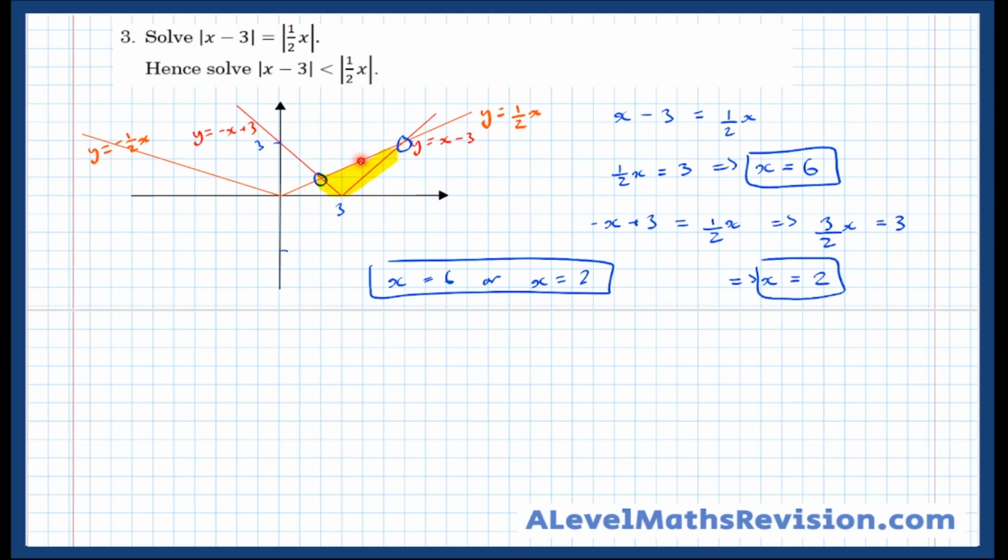We look up, we see orange. Therefore, and notice it's a strict inequality as well. It's not an or equal to inequality, it's a strict inequality. Therefore, anywhere strictly between those two values, which were 2 and 6. So 2 is less than x is less than 6, gives us the answer.